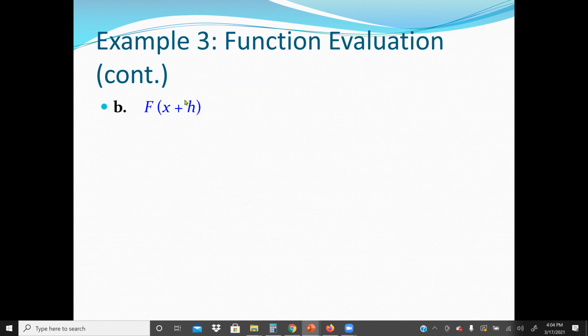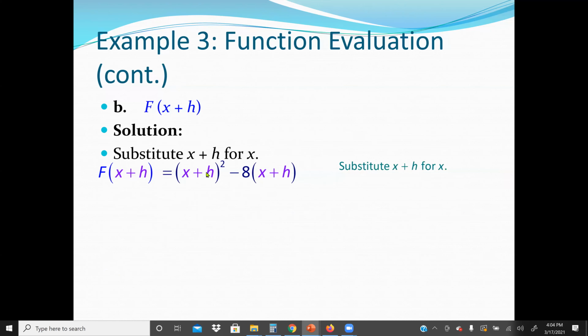Now let's do another example, f of x plus h. So anywhere we see our x, we substitute with x plus h. Substitute x plus h for x. So here we have again x squared minus 8x, so it will be (x plus h) squared minus 8 times (x plus h).